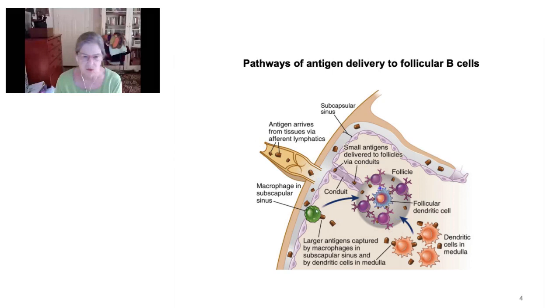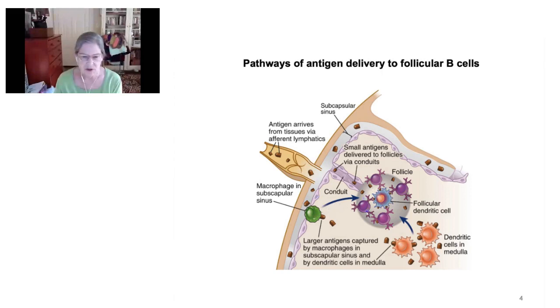Also, in this subcapsular space of the lymph node, you have these subcapsular sinus macrophages, which are specialized macrophages that can grab antigen and actually help get it shuttled over. It'll pass it on to what we call bystander B cells that will bring it over to the follicle, weirdly enough.